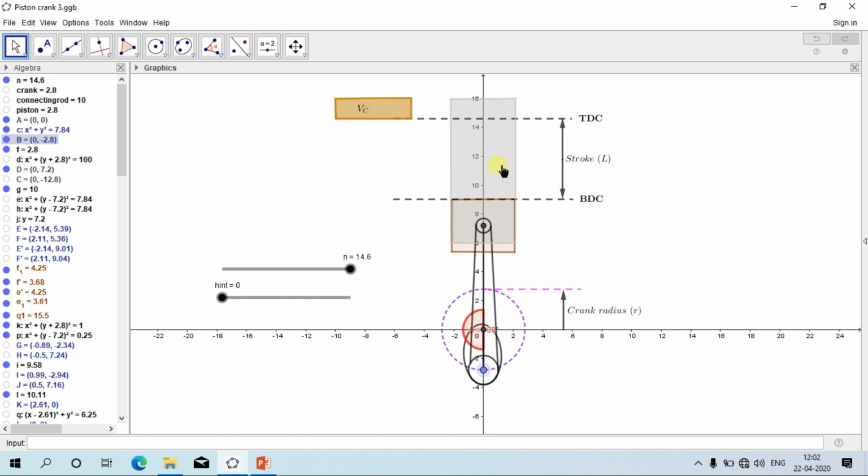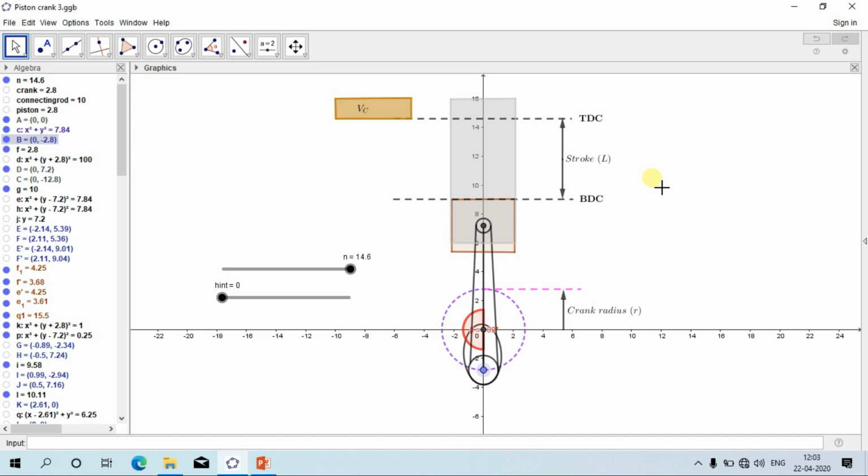This distance L is equivalent to the diameter of the crank, because when the piston is at TDC the crank pin is at this point, and when the piston is at BDC the crank pin is at this point. Half of this distance is R, the radius of the crank. So stroke length is equal to 2 times the radius.